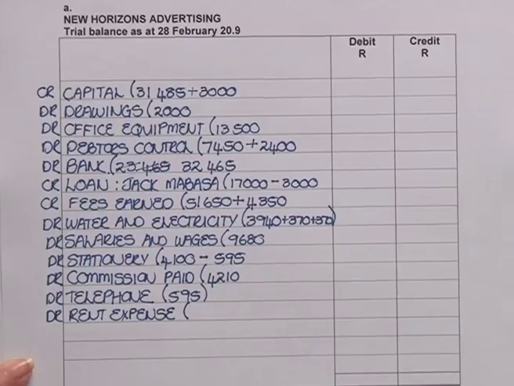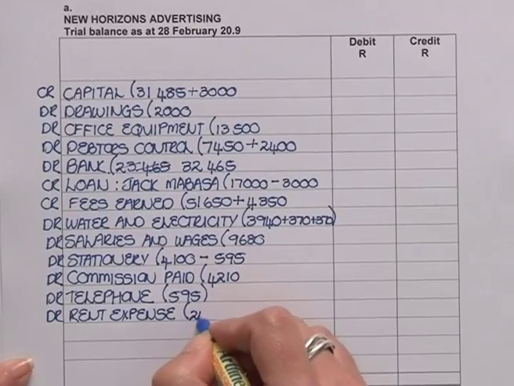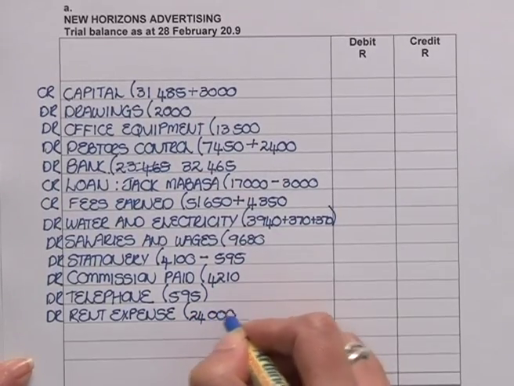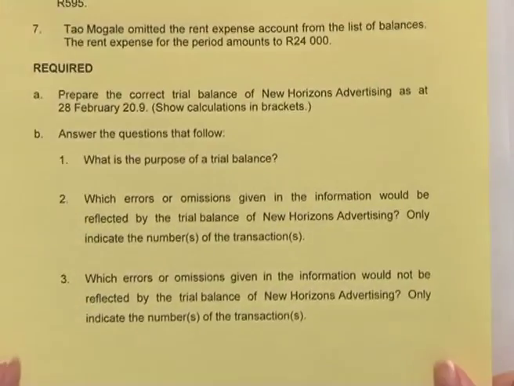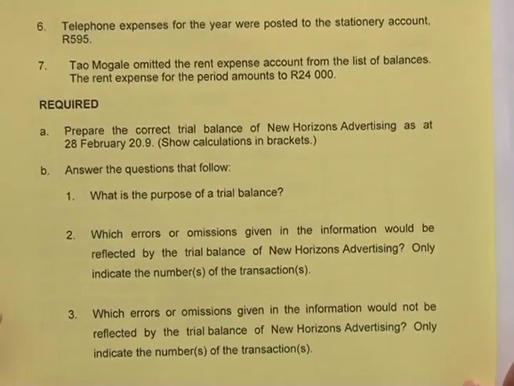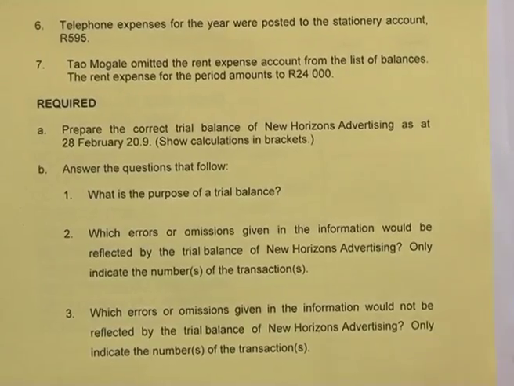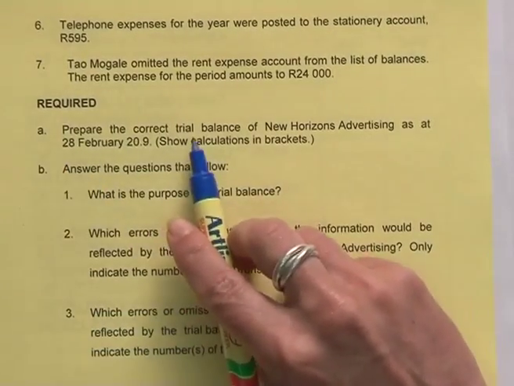Which will decrease profits on the debit side. And they provide us with the amount of 24,000. We are done with all the mistakes and omissions, and they asked us to prepare a correct trial balance.